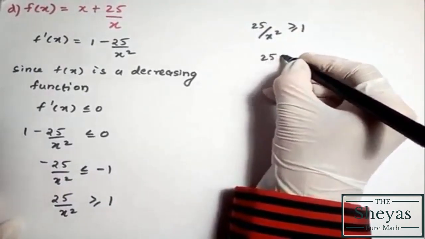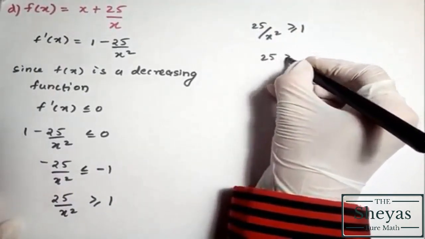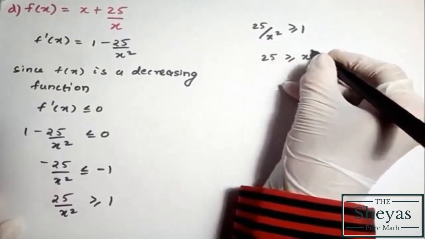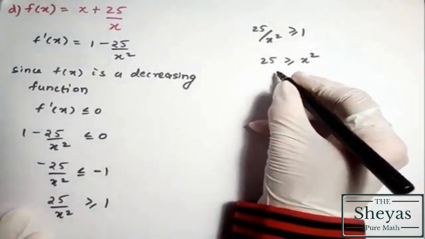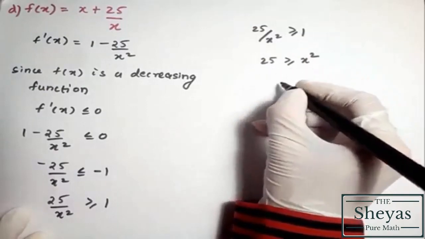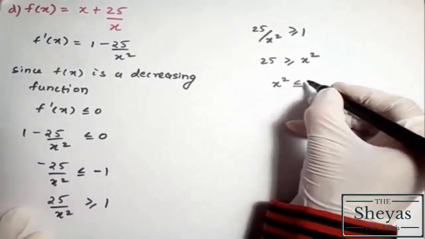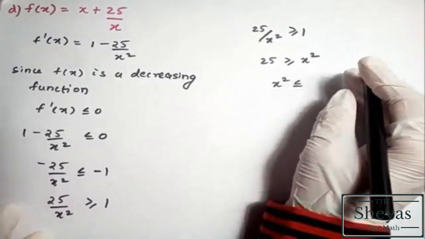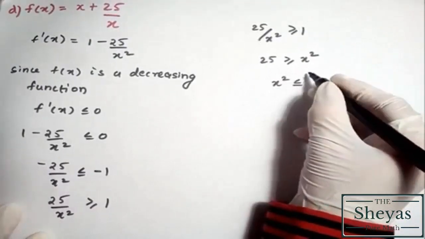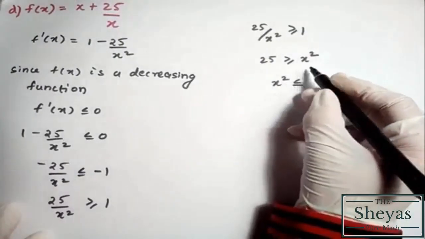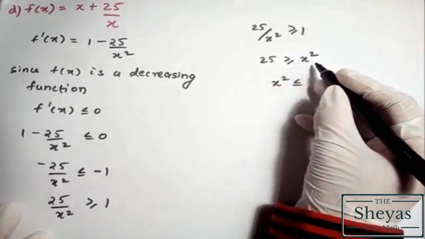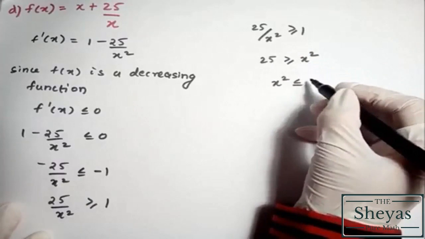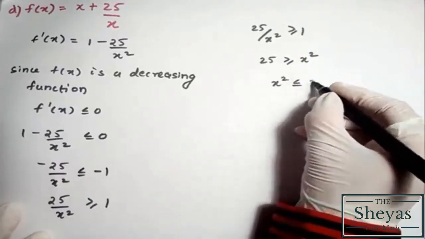I am keeping it as such, and you can write x square this way. I am not changing the inequality, but I am writing the other way. 25 greater than or equal to x square, that is nothing but x square less than or equal to 25.